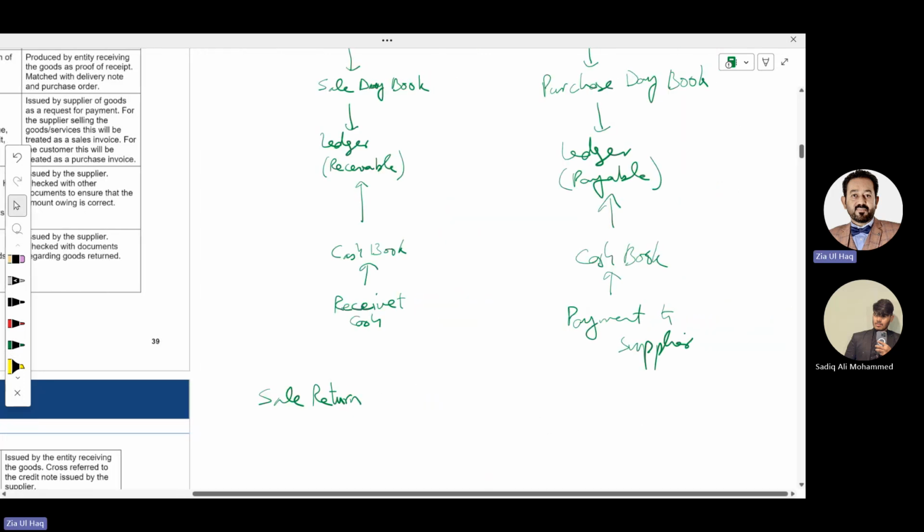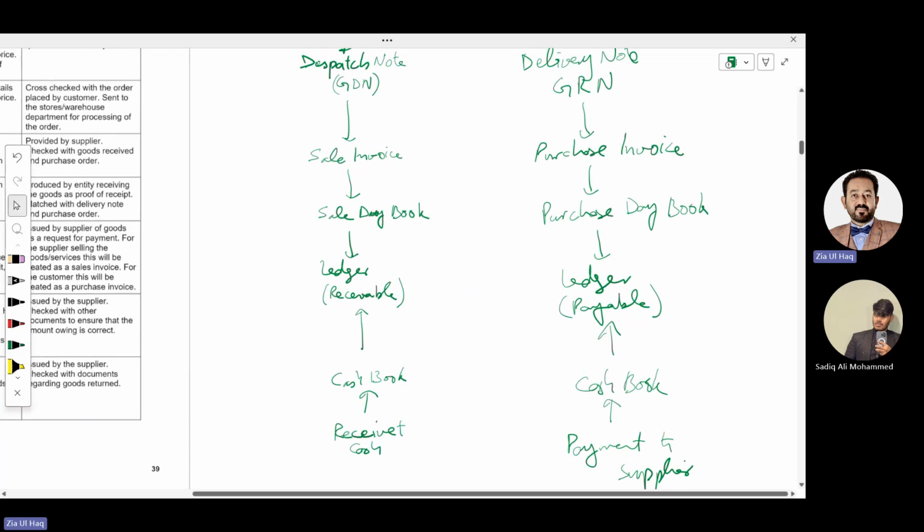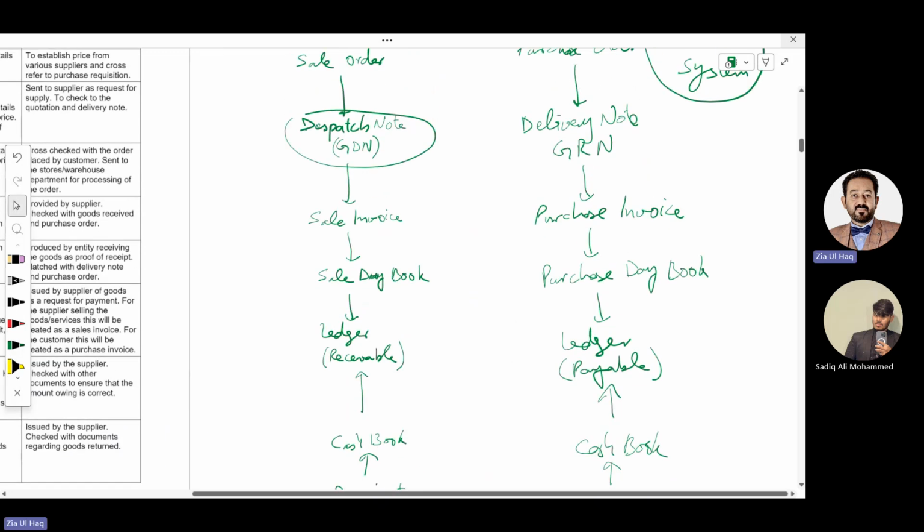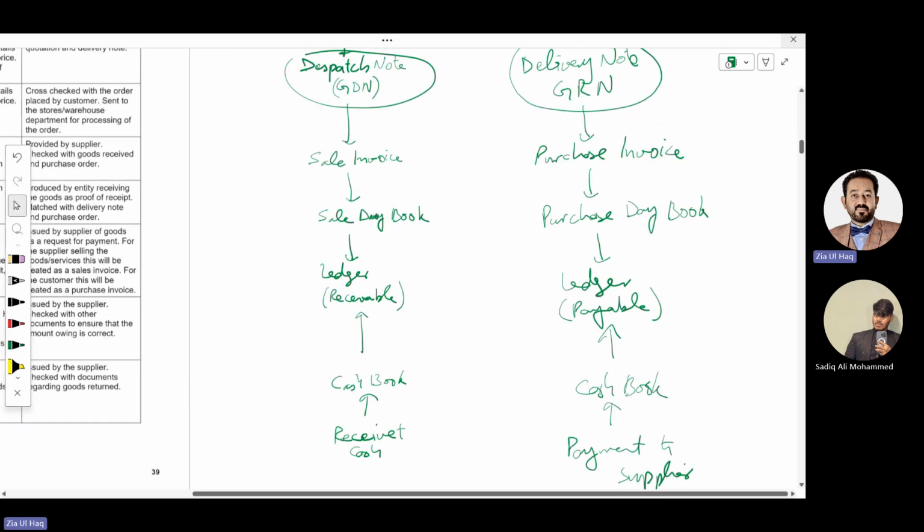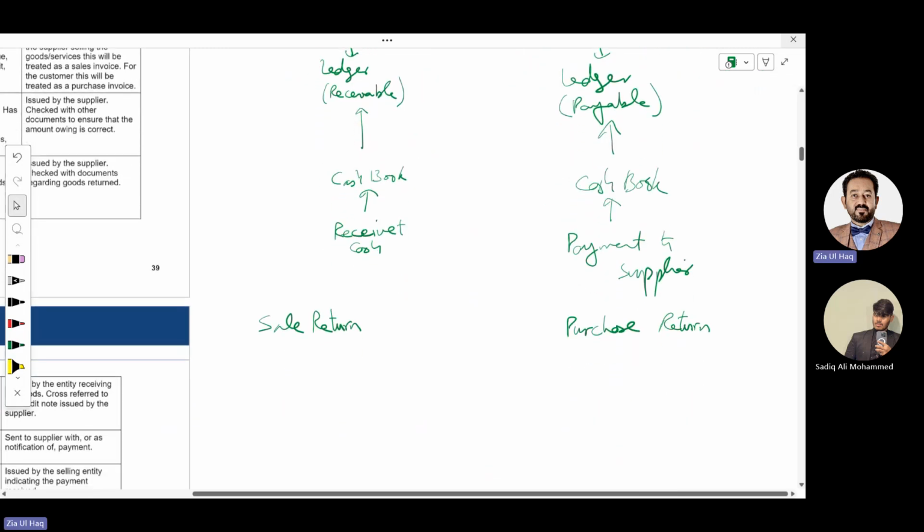If after purchasing, we are returning some goods to the supplier, that will be called purchase return. Against sale, the company issues a document called a dispatch note. Against purchase, the company makes a document called GRN, good received note. In a similar manner, against sale return, the company issues a document called a credit note.